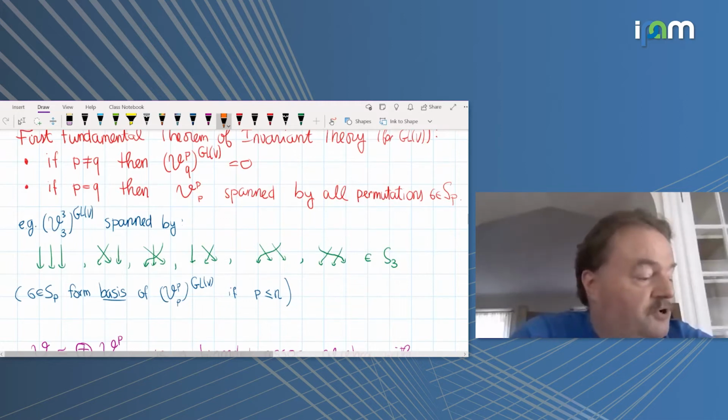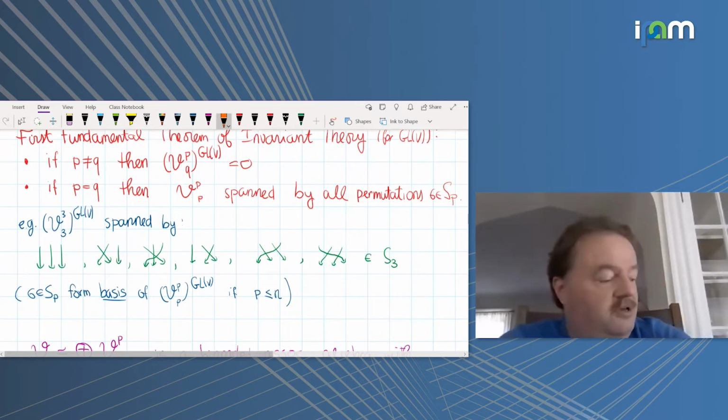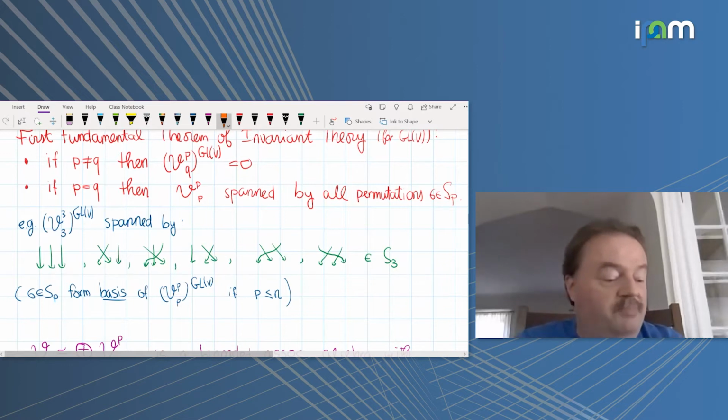And the first fundamental theorem of invariant theory says that this way you get all invariant tensors. Now, in some cases, if the dimension of V is small, these tensors may be linearly dependent. And in fact, we can also say, which is the second fundamental theorem, exactly how they depend on each other, if they are dependent.